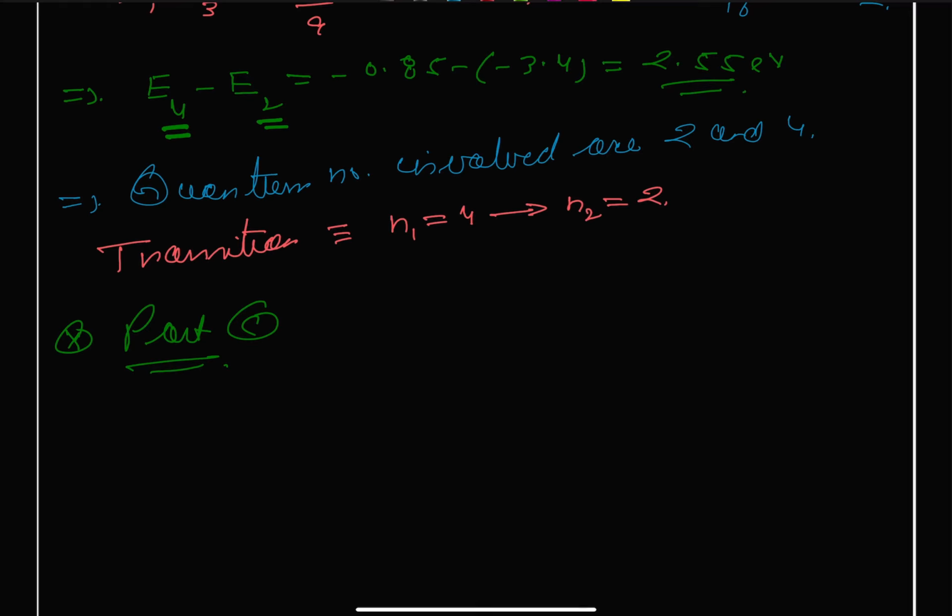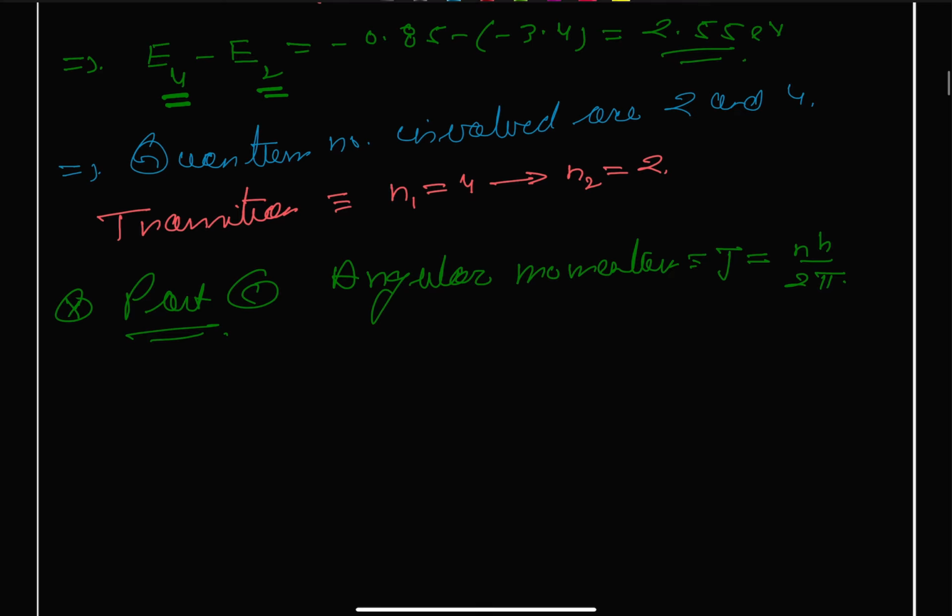The standard equation for angular momentum is nh divided by 2 pi. We have two values of n, one is 4, another one is 2. So we are going to find J2 as well as J4 and subtract them. Angular momentum given as J is equal to nh upon 2 pi.